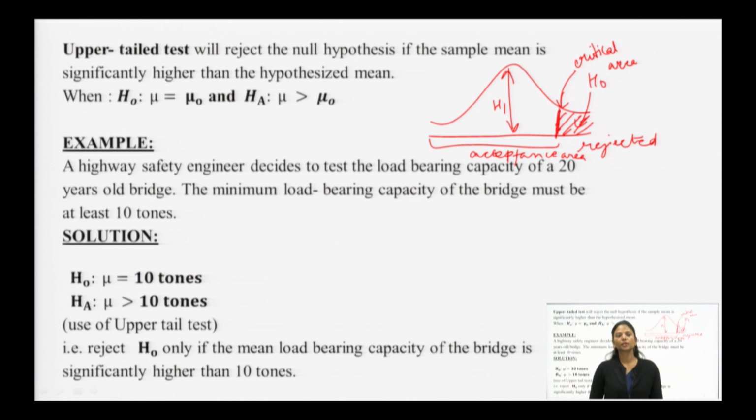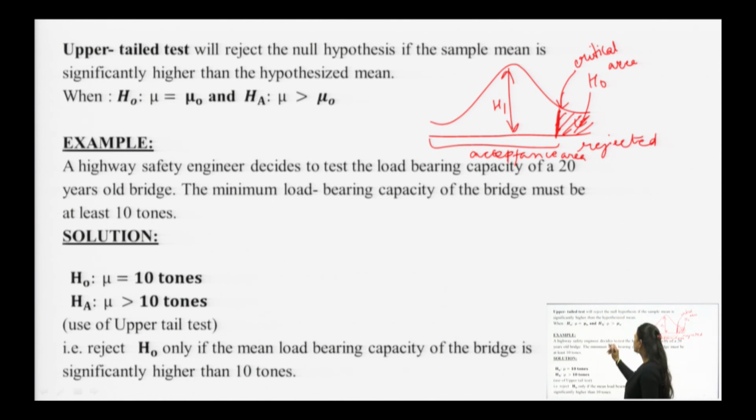What happens here is, in the null hypothesis, my mean is equal to mu naught, and in my alternate hypothesis, my actual sample mean is greater than the hypothesized mean. Then I will reject my null hypothesis if the sample mean is significantly different from my hypothesized mean. Then the test is called the upper tail test.